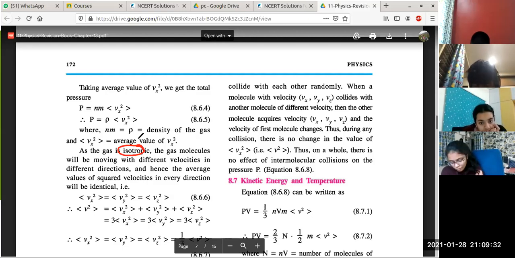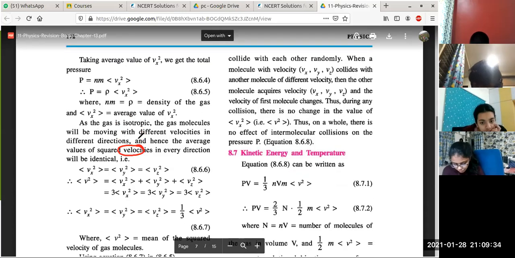So you can understand that if it is isotropic, of course Vx square must be equal to Vy square equal to Vz square. And because the net velocity square is equal to Vx square plus Vy square plus Vz square, the net is 3 Vx square, and therefore Vx square is 1/3 of the net velocity square.